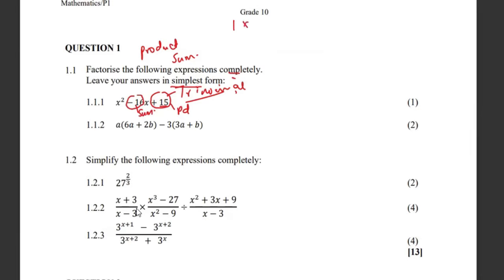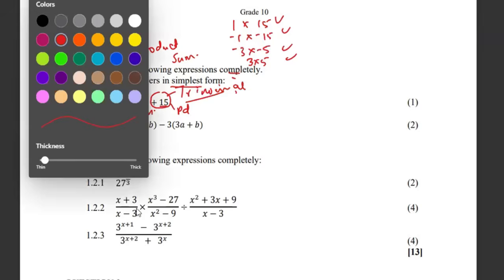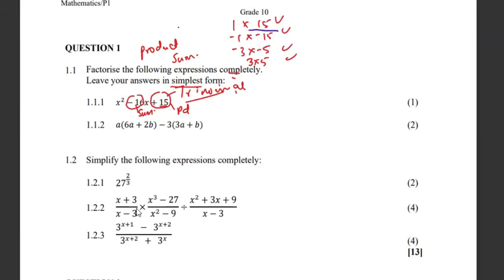It can be 1 times 15, negative 1 times negative 15, negative 3 times negative 5, or just 3 times 5. And then which pair will give me a sum of negative 16? The only combination that's going to give me negative 16 is this one.